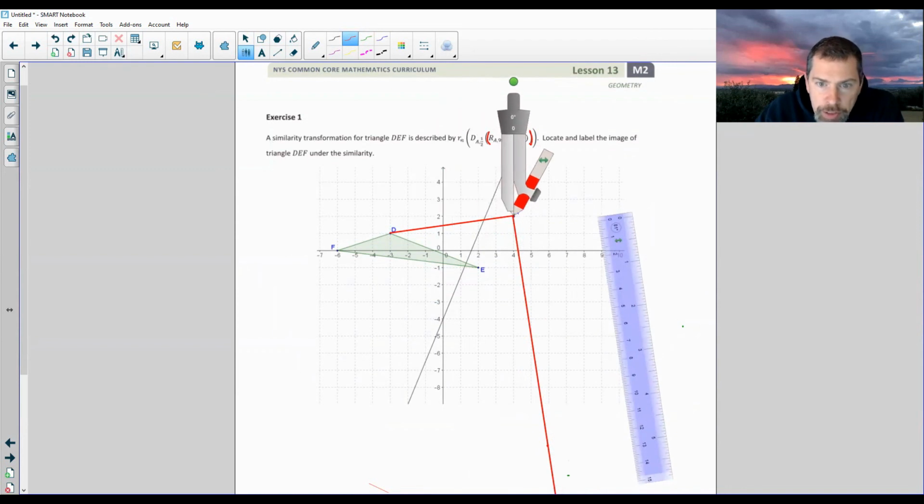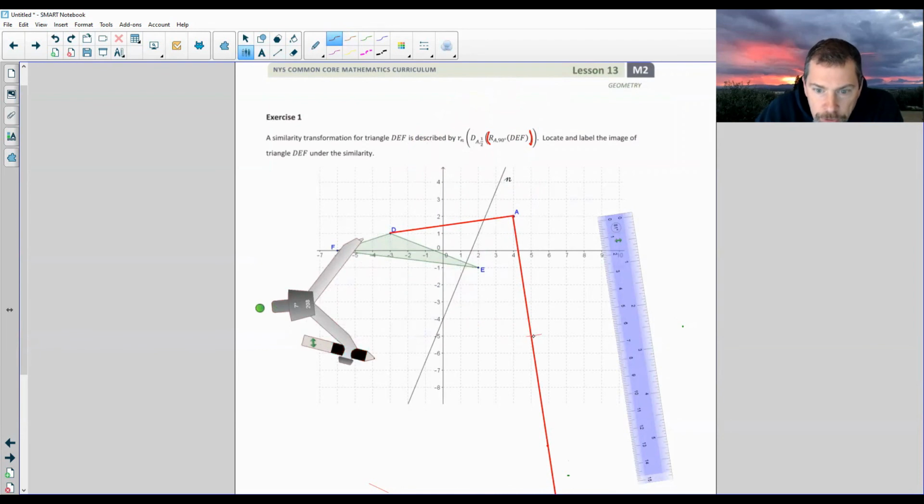So if I put the compass at my point of rotation and flip it around the other way, open it up radius D, and then come around here, where that intersects is where D is. So I'm going, or D prime.